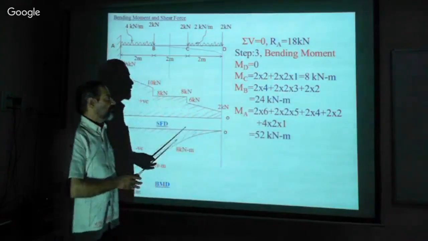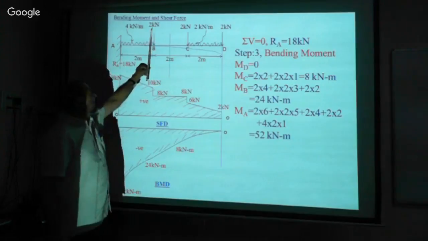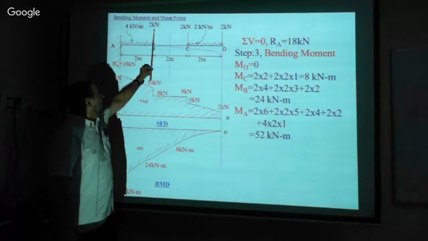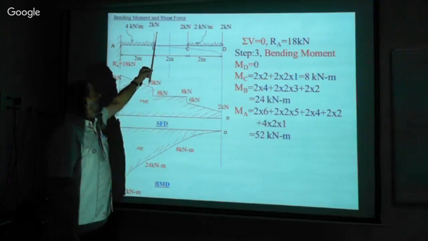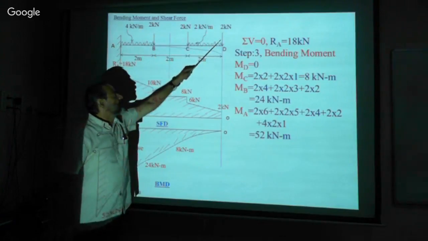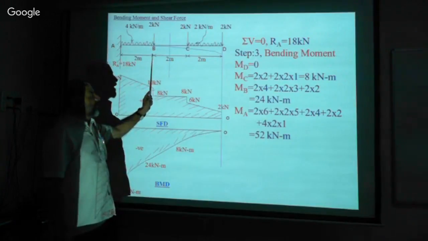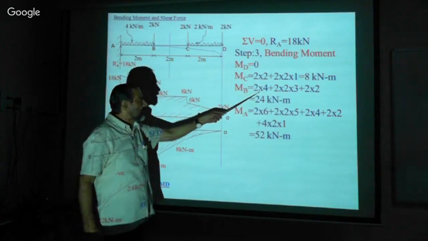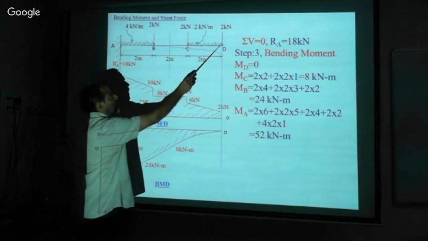8 kilonewton meter. And if you consider the point B, if you calculate the bending moment at this point, that is MB, bending moment at B is equal to. Now see, this is 2 kilonewton force. Where is it acting? It is acting at a distance 4 meter. That is 2 into 4, I will tell you. And similarly again, the second force, that is UDL.